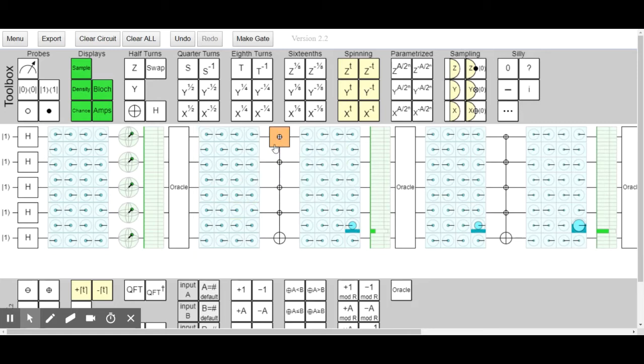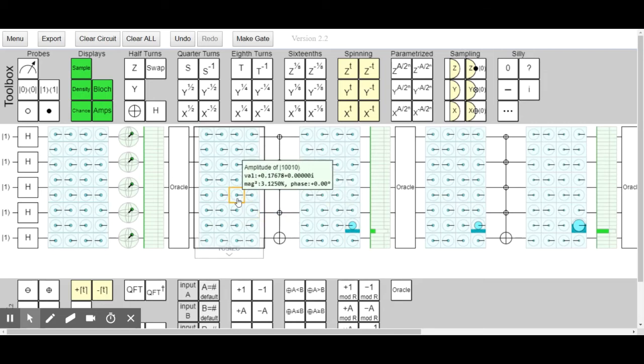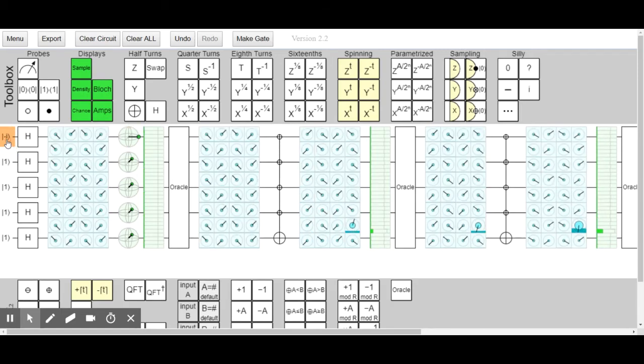So, again, I understand the effect of this. Correct? The general effect. But what does it do if, again, if this were all zeros?